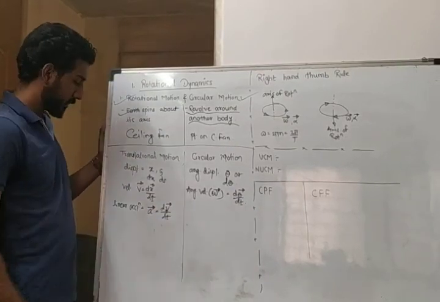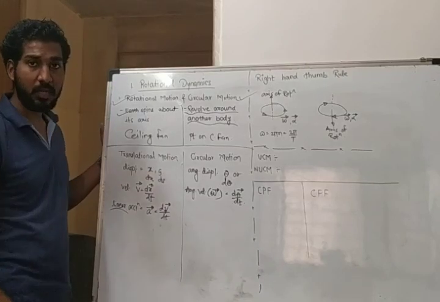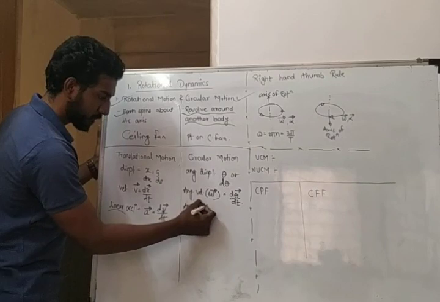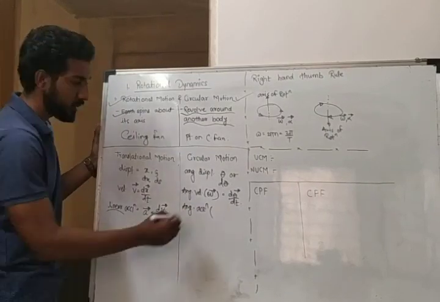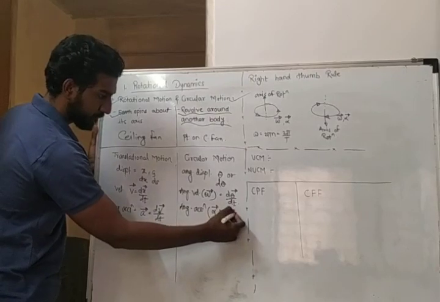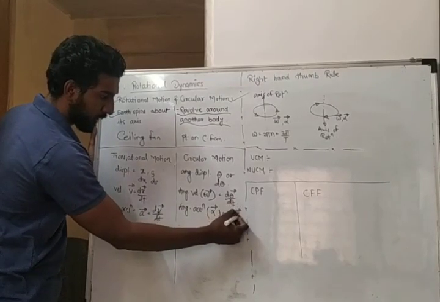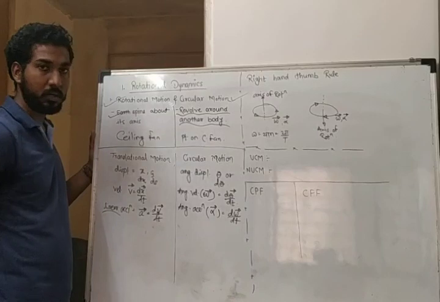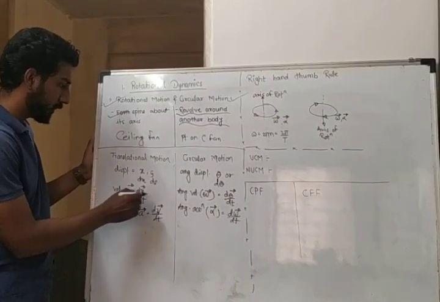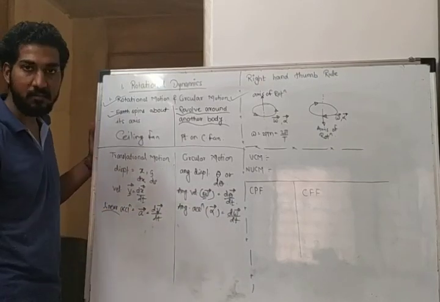Similarly, instead of linear I can write angular acceleration. Its notation is alpha. It will be d omega bar upon dt.